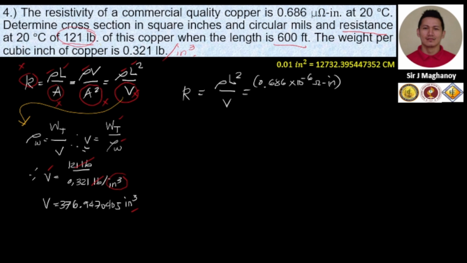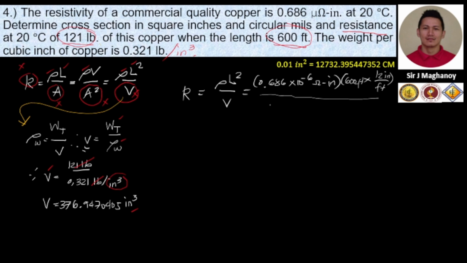Our length is 600 feet. Our unit for resistivity is in inches, so we convert feet to inches. In every foot, there are 12 inches, all over the volume, which we already solved.